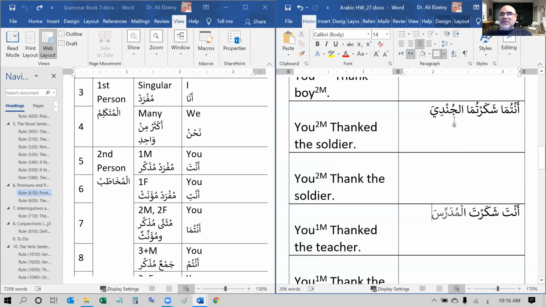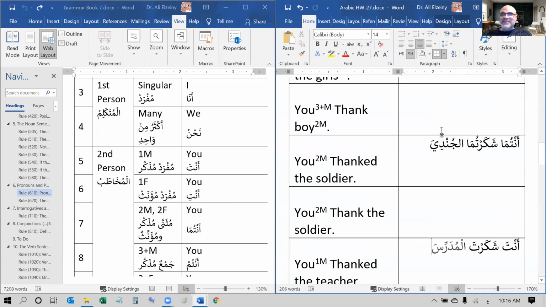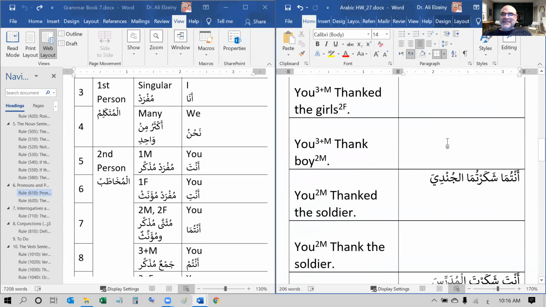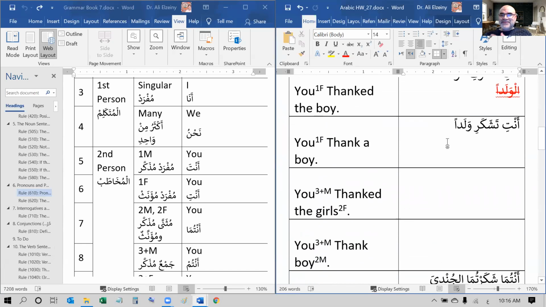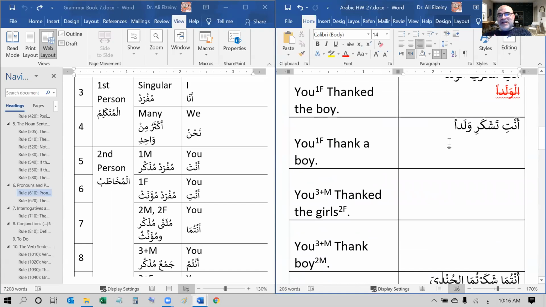If I'm going to stop, then أنتما شكرتما الجندي. No حركة. Stop and حركة are opposite. Sukun means stop, means not moving, versus حركة, which is moving.